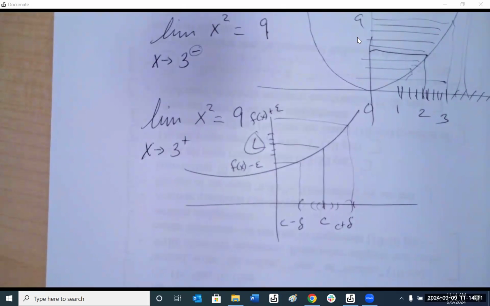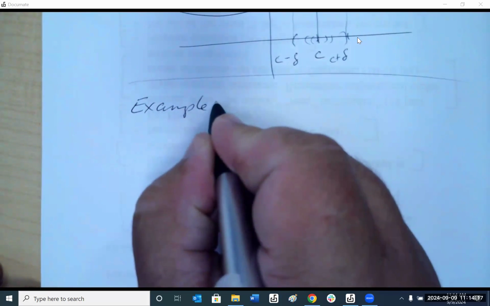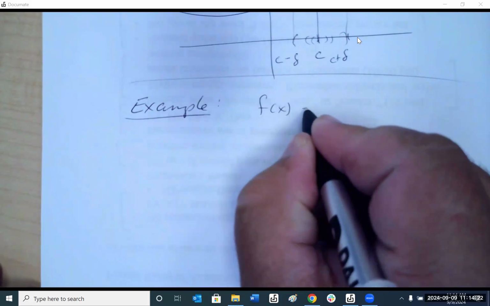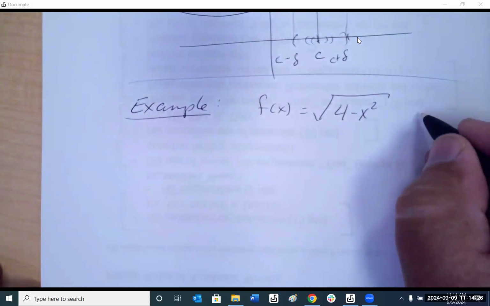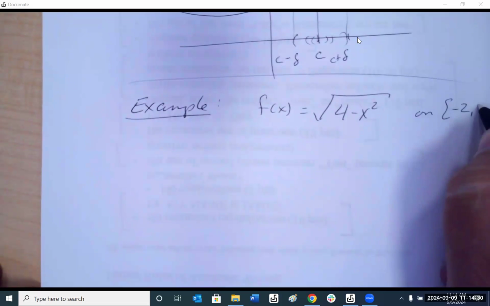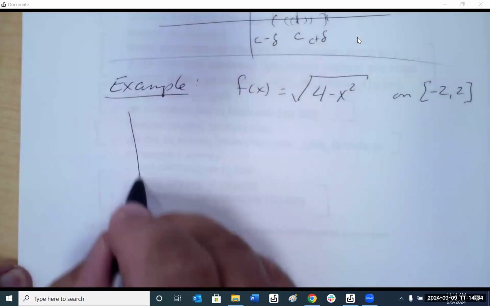Let's see, where's my first example? There it is. Here's an example. The function f of x defined as 4 minus x squared on -2 and 2 is the one we just talked about.